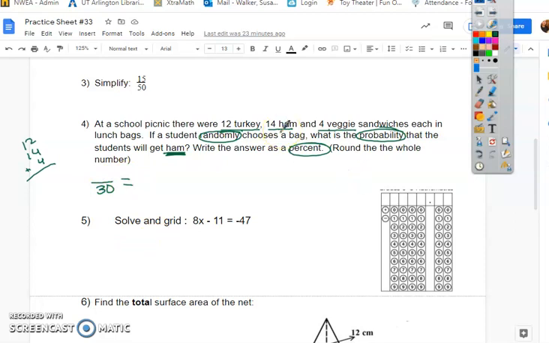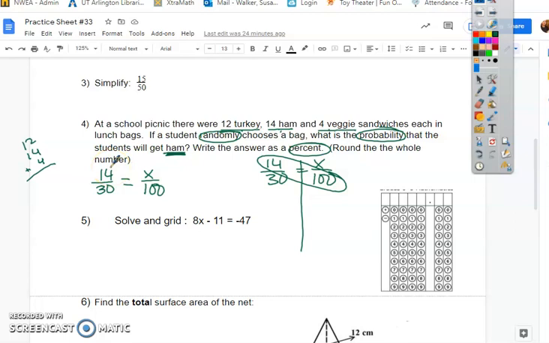Well, ham is 14. So 14 over 30 equals x over 100. And so your job is to cross multiply this. You have this all set up. Set this up, and I believe it's going to repeat, so just round it to the whole number.